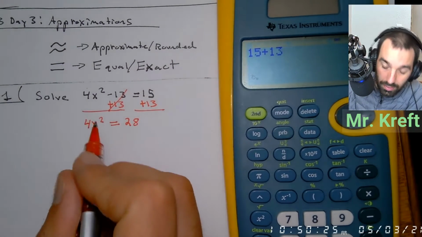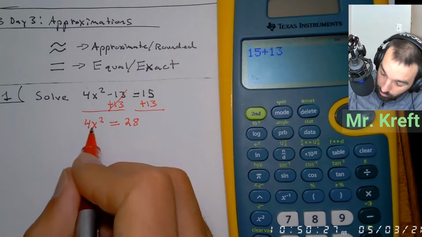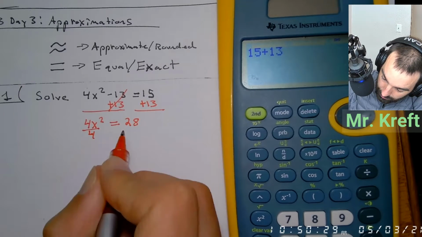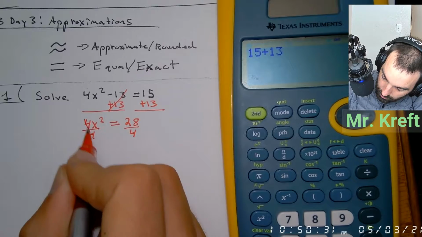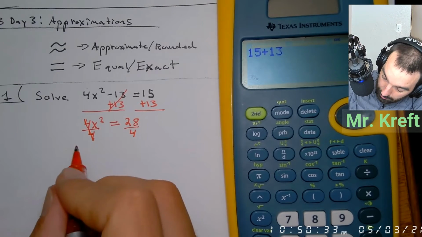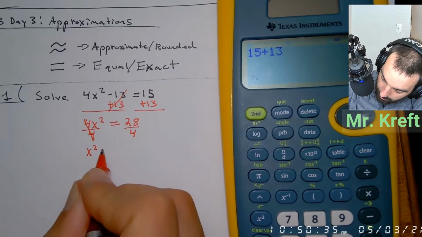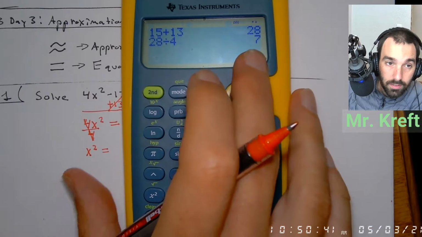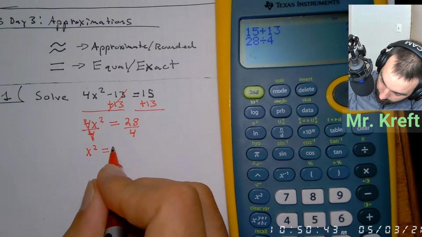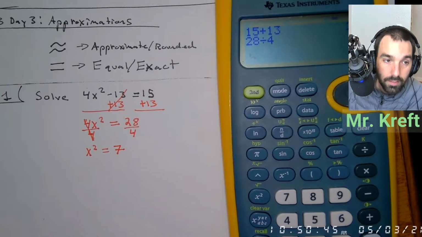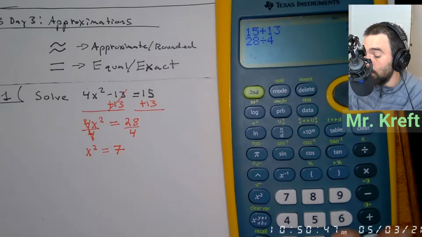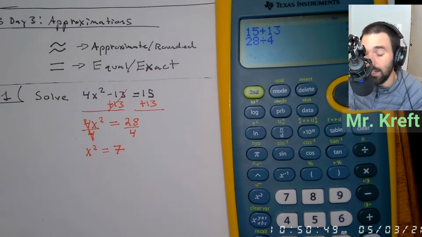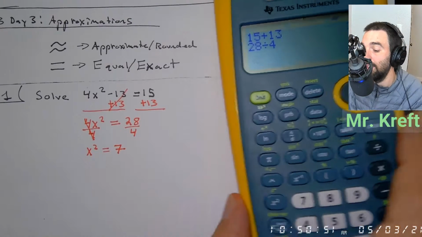Then I get 4 times x squared, so I want to undo the multiplication. I'm going to divide both sides by 4, and I get x squared equals 28 divided by 4, which is 7. That was the first step, in red: we get the squared term by itself.